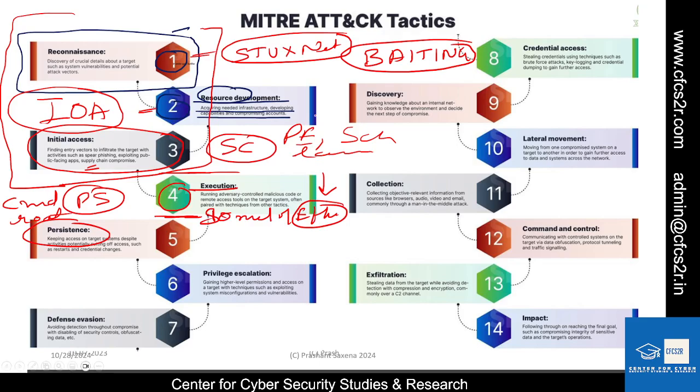Do you think he will leave your system without putting enough controls in place for persistence? He needs to maintain access to the compromised system even after reboots, otherwise the system will reboot and the persistence will be lost.